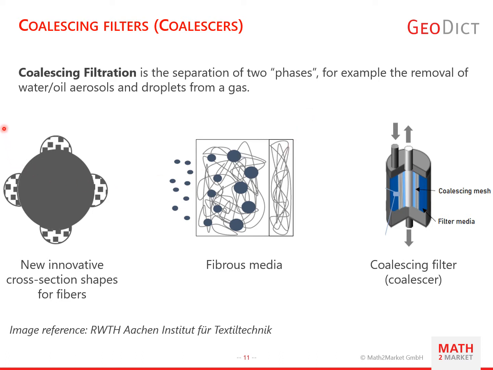And here, designing and optimizing new innovative cross-section shapes for fibers as bicomponent fibers, as shown at the left side, in order to manufacture optimized fibrous coalescer media, as shown in the middle, and then for the end use as a coalescing filter media, a filter element, as shown at the right side, are the steps which were carried out or which still have to be carried out for this project.